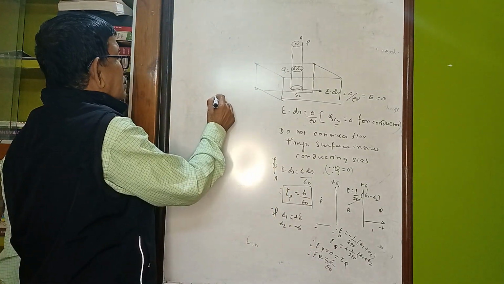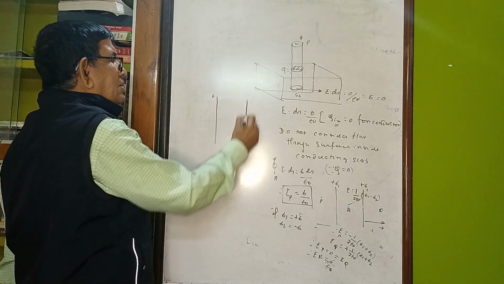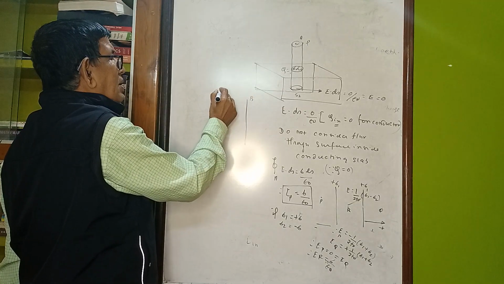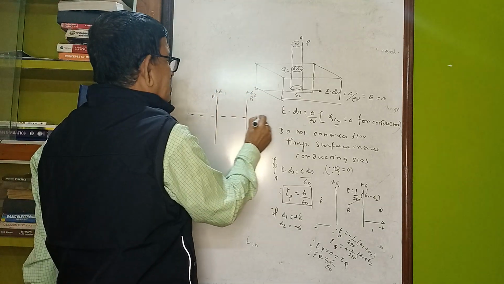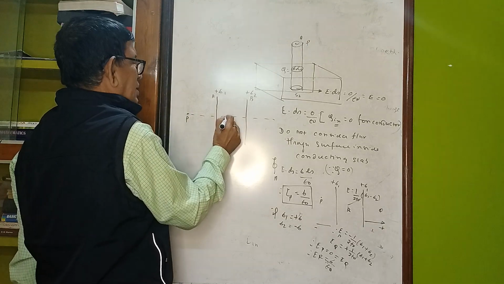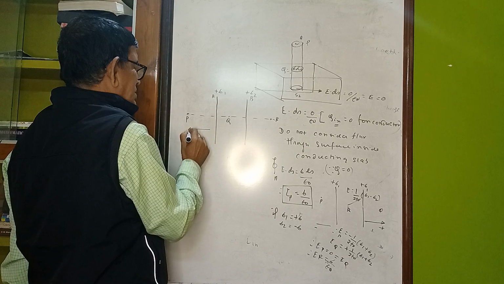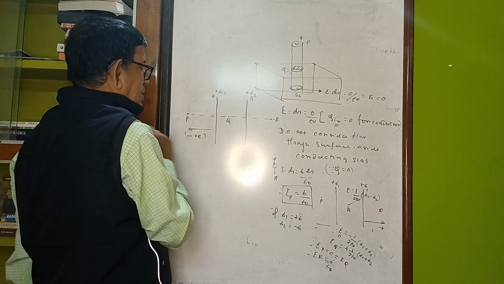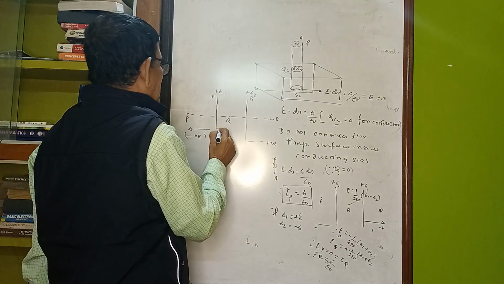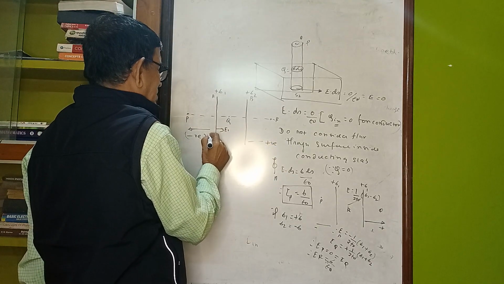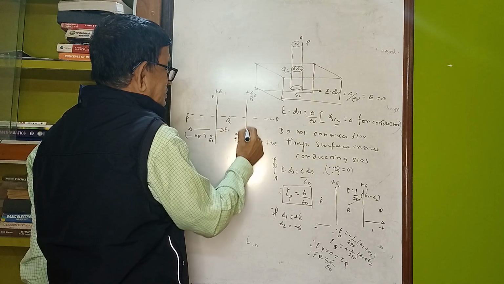Again I am telling, suppose this is plate A, this is plate B, with sigma 1 and sigma 2. Now consider the field at point P, at point Q, at point R. That direction is the negative field direction, that is the positive. So you are considering E1 in this direction, and E2 like this.